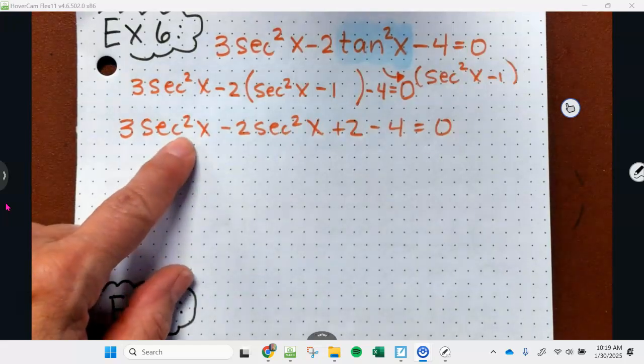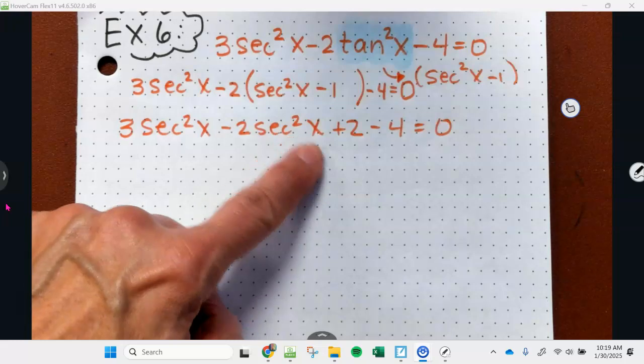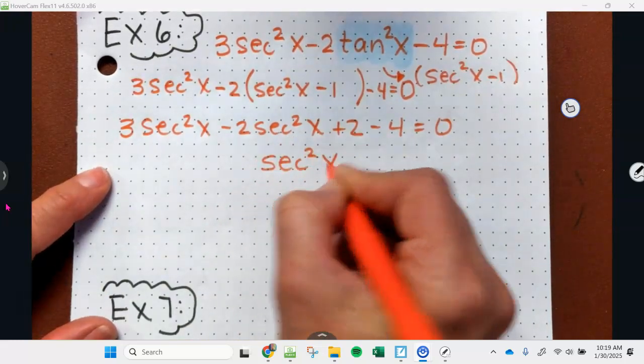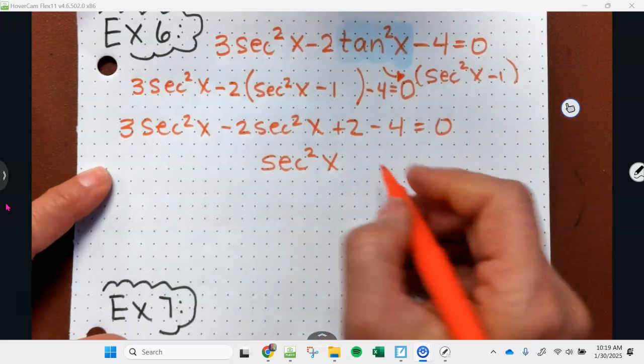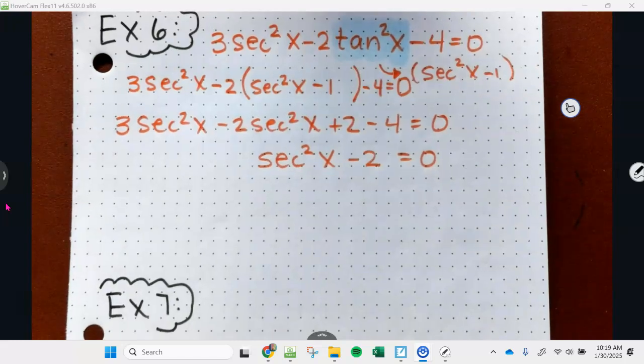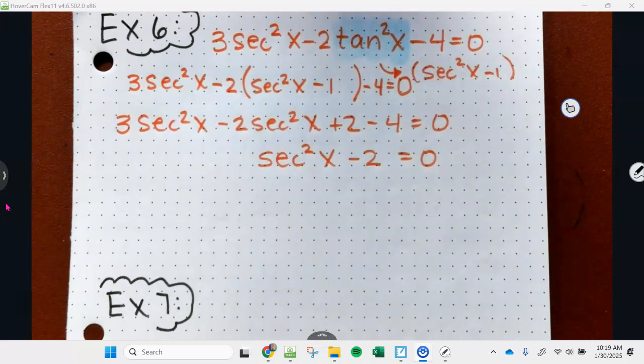So 3 secant squared x minus 2 secant squared x is plain secant squared x. A positive 2 minus 4 is negative 2 equals 0. Okay, I'm moving that 2 over. I'm square rooting both sides. I'm drawing a plus minus.